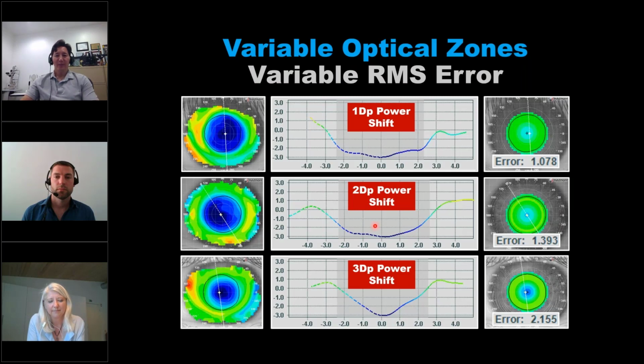As we know, in myopia control, we want to give the kids the small treatment zone to have the big plus power shift and the high aberrations that will slow down eye growth. Whereas with the large treatment zone, we have a lower plus power shift and a lower amount of aberration.